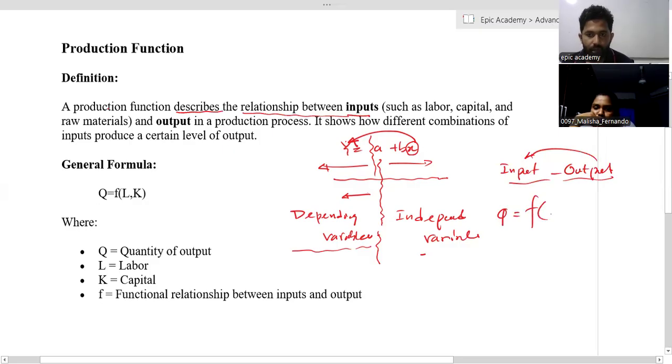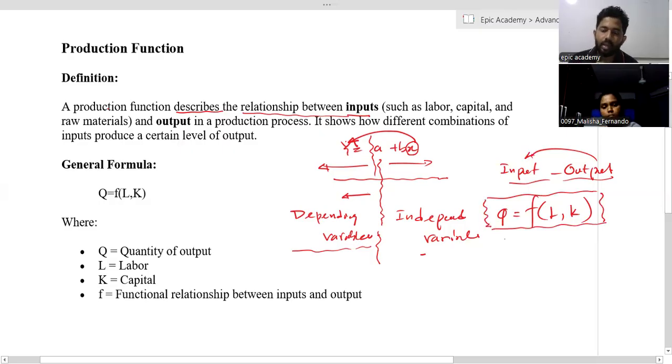Okay. First one is L. L represents the labor input. Okay. K represents the capital. It's not represented by using C. It's represented by using K. It is because most of the economic concepts were developed by Latin people.